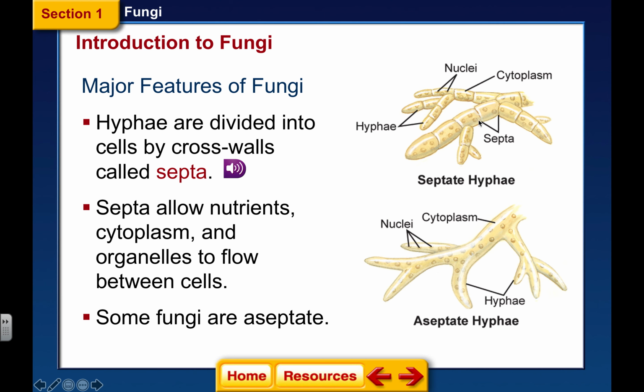The septa allow nutrients and cytoplasm to flow. Now, when you've got the bottom, which is aseptate hyphae, there are no septa, there are no cross walls. And because of that, there's no demarcation in between the cells, and the nutrients and the organelles are just free to flow anywhere along that particular hyphae.